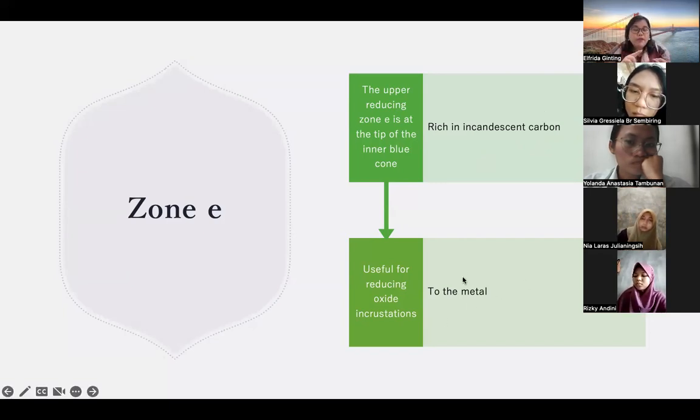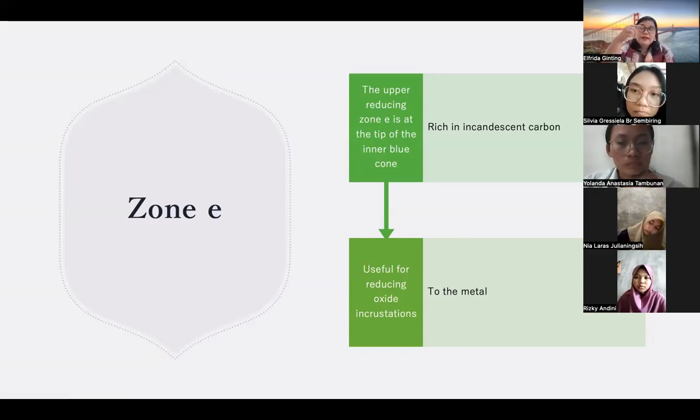For example, if we have a material that has a crust, we can heat it in this region to remove the crust. So that's why it is said to be useful for reducing oxide incrustation to the metal.